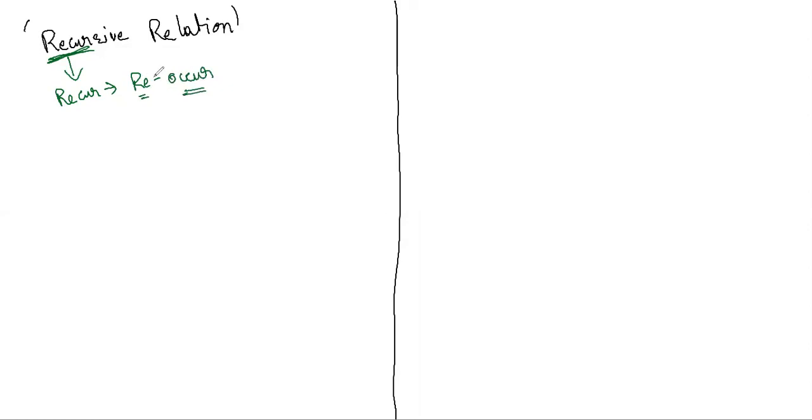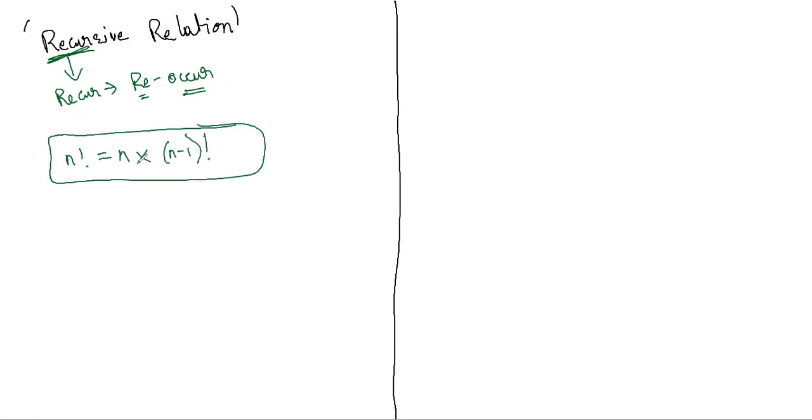So even though this looks very simple, in computers you make programs where you write recursive functions. You give a command to the computer to find the value of some factorial. You can define a function as n factorial equal to n into n minus 1 factorial. So this is called a recursive relationship. Why?